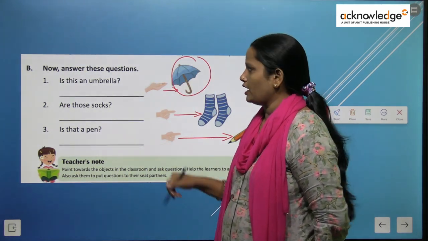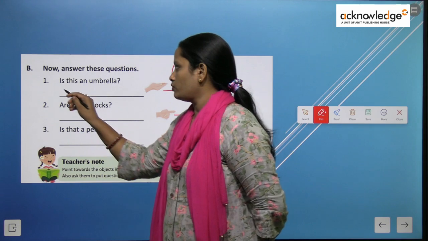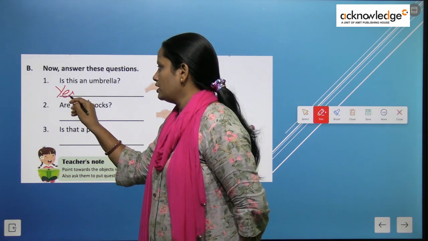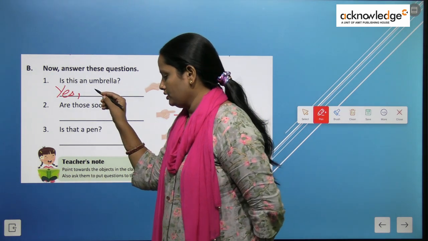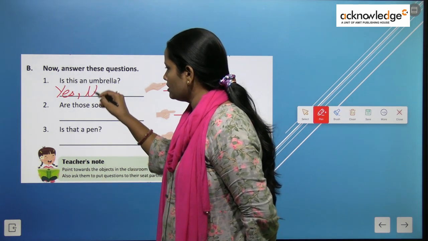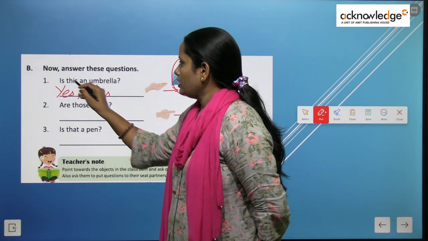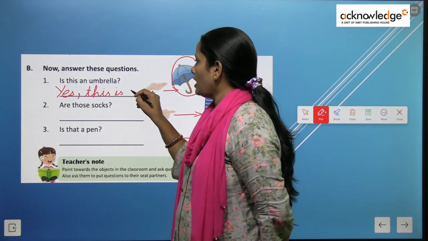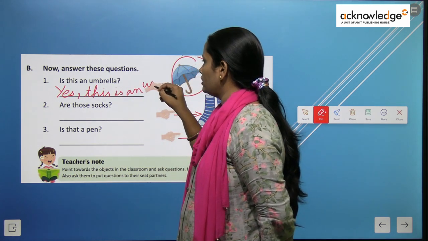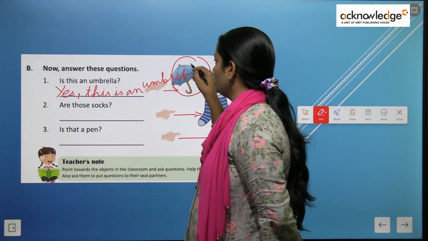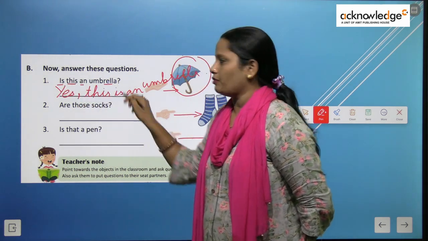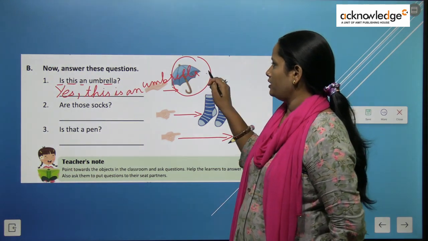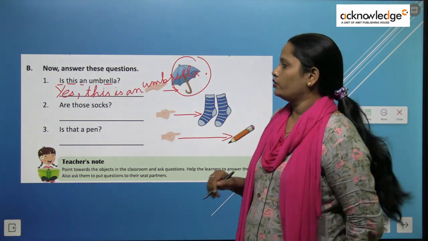Is it an umbrella? Yes. So we are going to write yes. Then we have to put a comma. Then we have to write this is an umbrella. Yes, this is an umbrella. Okay, good. And then put a full stop.